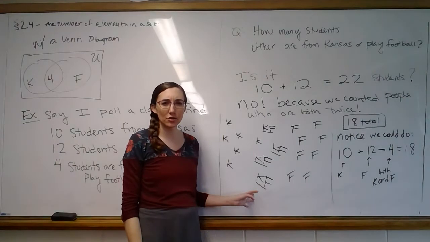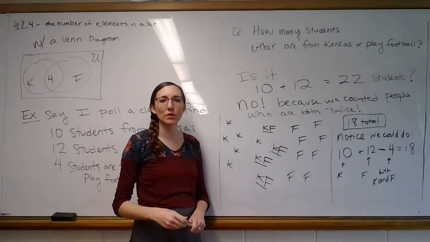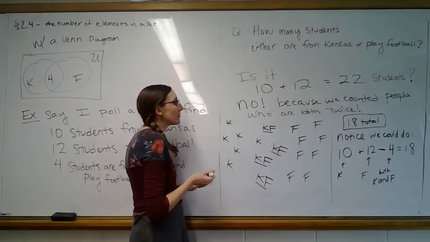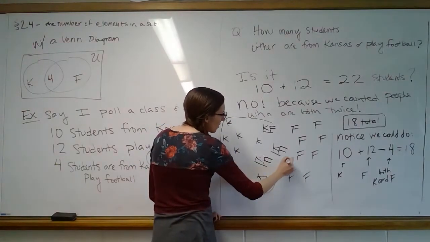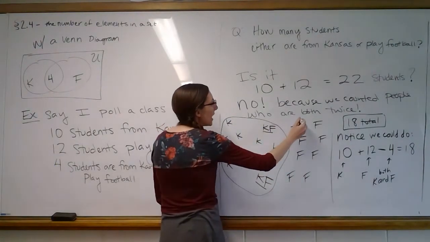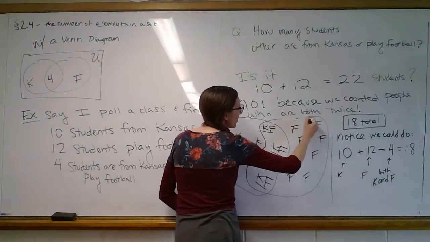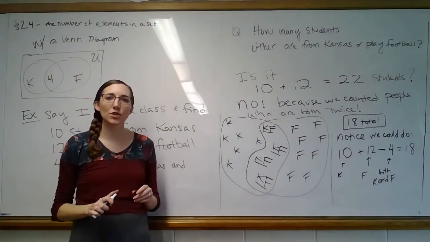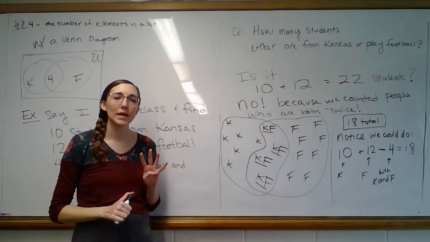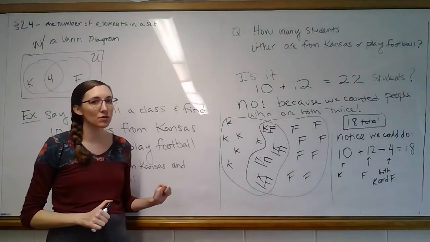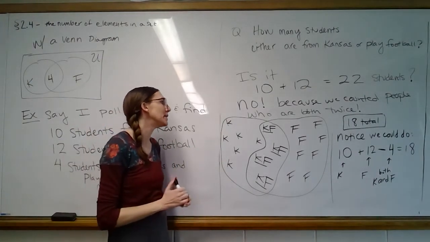You can almost picture it with how I drew these individual letters over here, right? We've got the Kansas people grouped in one group, and then we've got the football people in another group. And then we can look at the totals of how many are in those. Now, in the overlap, there's 4 people. Now, if we look at, say, the Kansas group as a whole, the total of them should be 10, which it is.